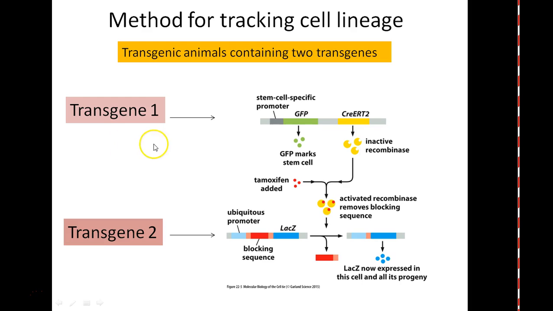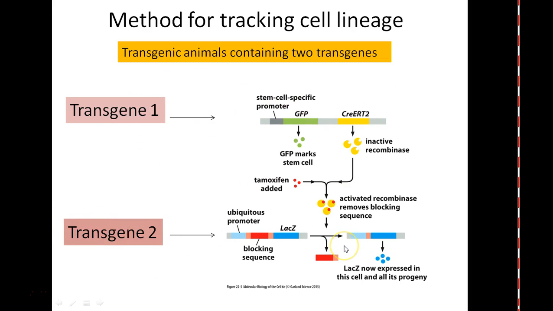The first transgene is the GFP, driven by the stem cell specific promoter. So the stem cell specific promoter would be active only in the stem cells, and GFP would label the stem cells only. And also there is a gene for inactive recombinase, also driven by this stem cell specific promoter. So this is one transgene.